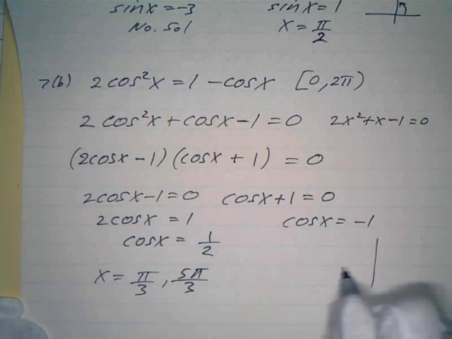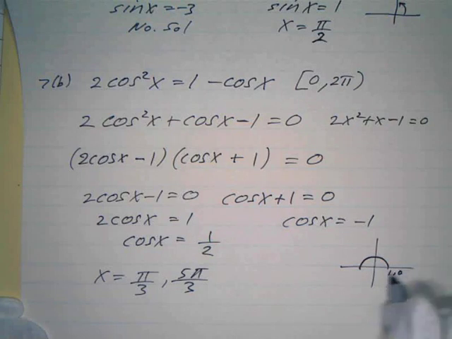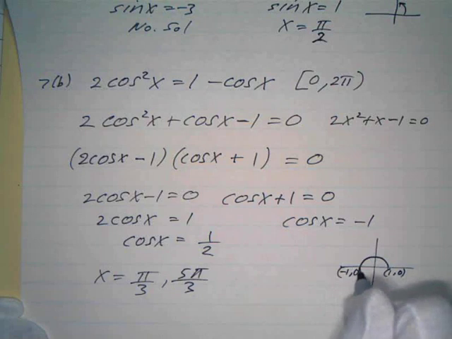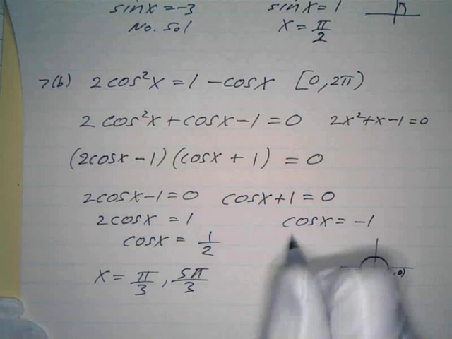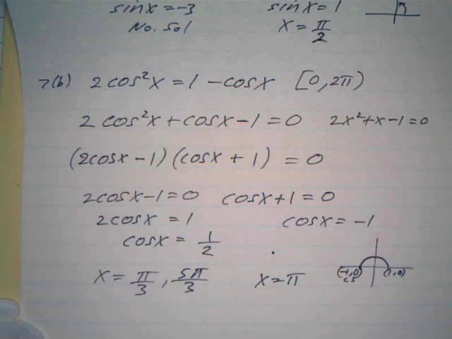And again, you can look at your unit circle. Now this is 1, 0. And this is negative 1, 0. That's cosine, sine. It's negative 1 at pi. It's 180. So x equals pi. So there's your solutions. 1, 2, 3. Okay?